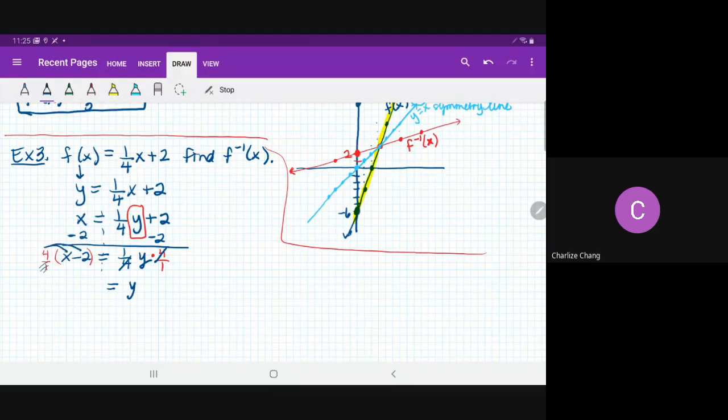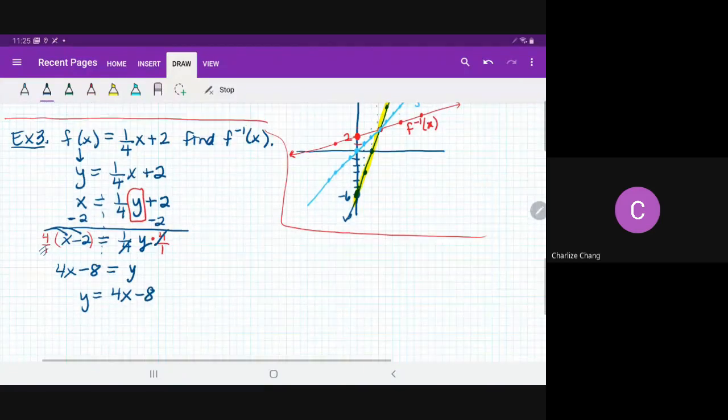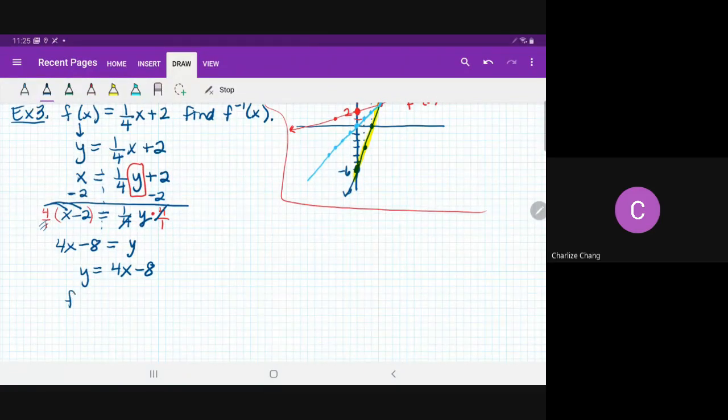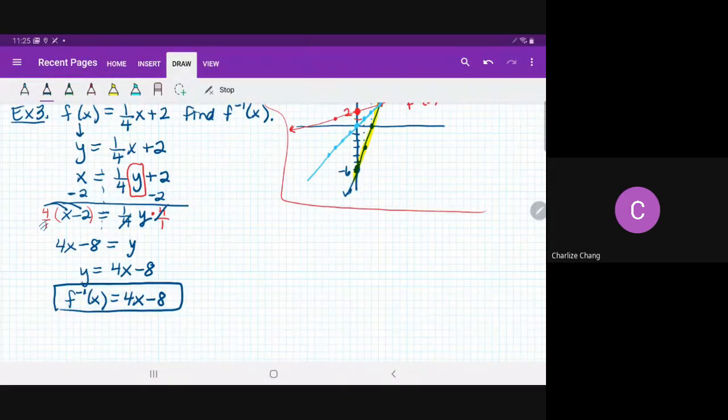That's just a regular 4, so you get 4x minus 8. And then you switch them around to the other side. And then you write it as the inverse notation. And if you graph both of these, you would get that y equals x line down the middle.